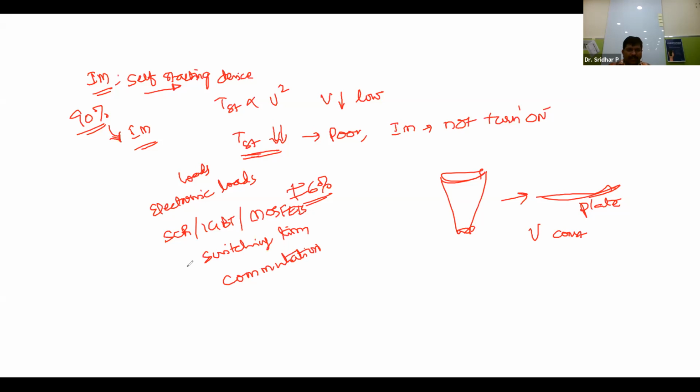Because of this, suppose I want to turn off a particular SCR, IGBT or MOSFET at 10 milliseconds. If the voltage is not maintained properly, you may not turn off or turn on at the instant where exactly you want. This may be delayed by 2 or 3 milliseconds based on the current it previously handled.